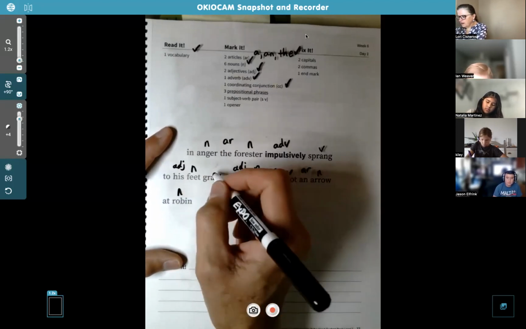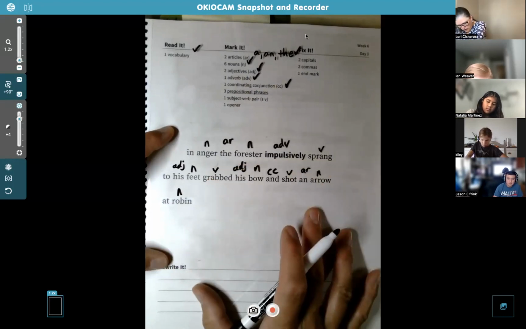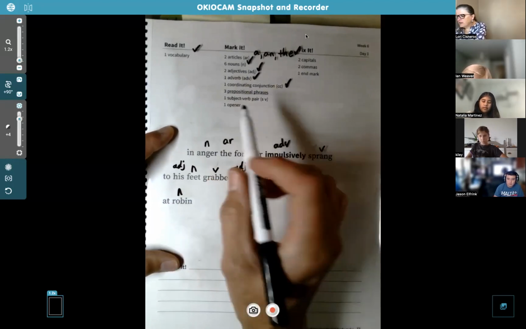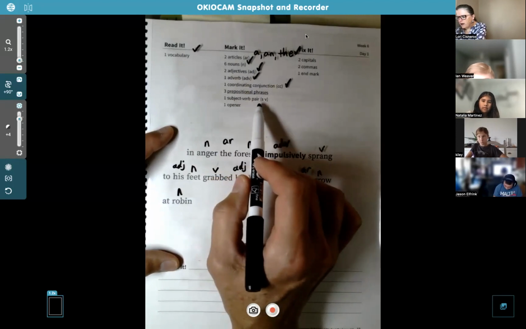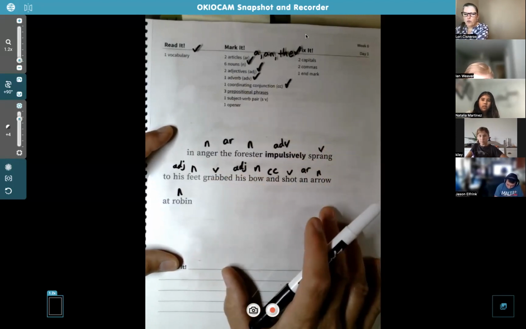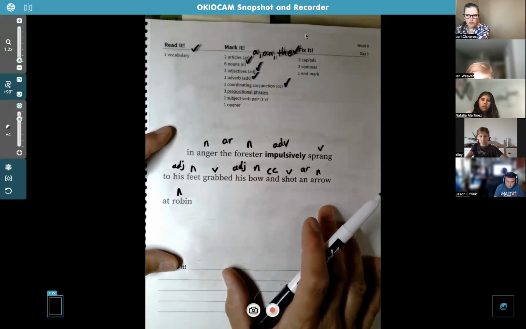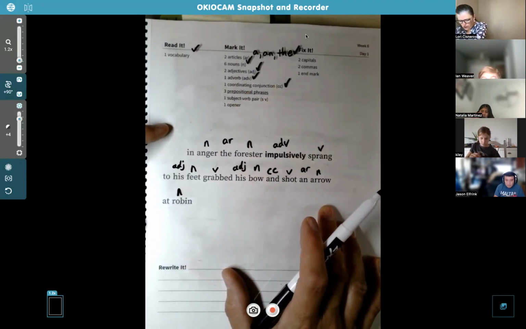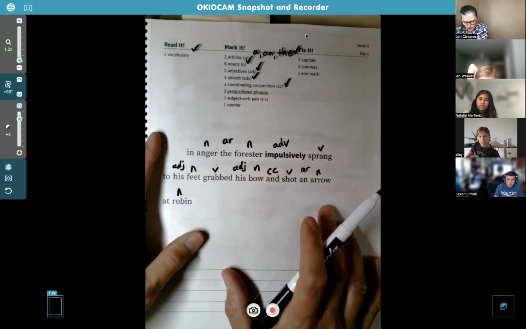Grab, good. Those are the three. Now notice it says one subject verb pair, but that just means there's only one subject, but there are multiple verbs. So don't think that there's only one verb with it. You have to make sure to check. What's the subject?